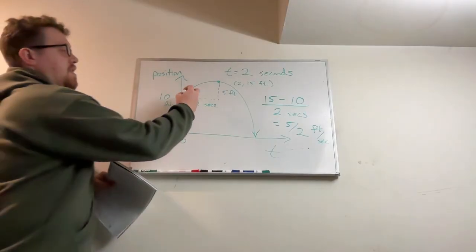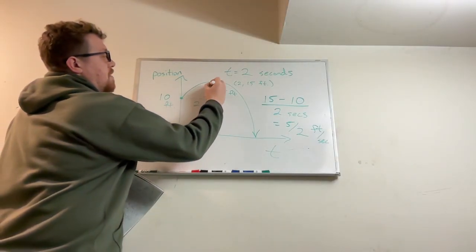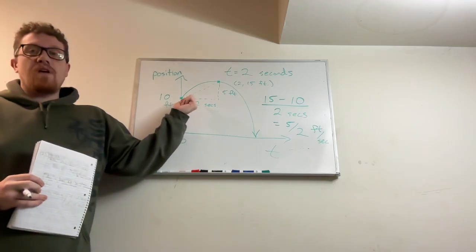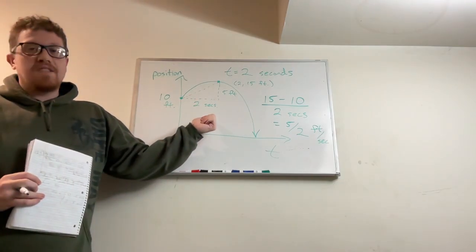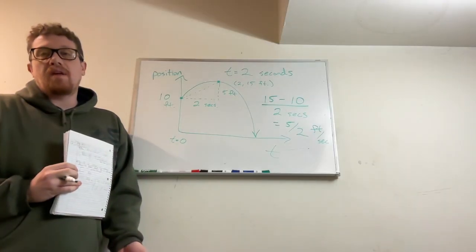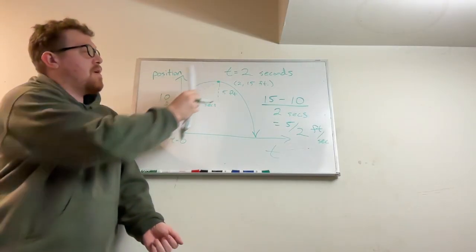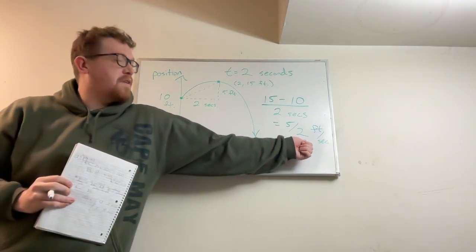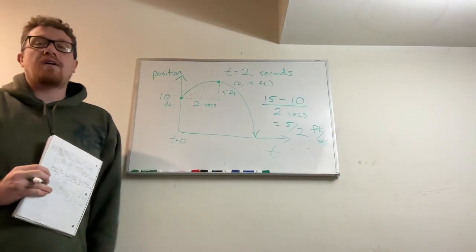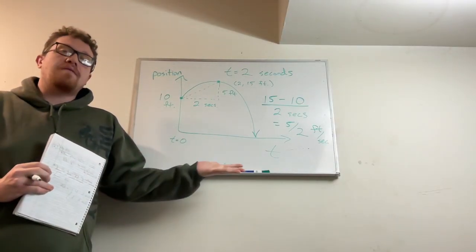And that's the slope of this line right here. So really what we're saying is, even though it wasn't traveling at constant speed, if it was traveling at constant speed, what would that speed be? And if it was traveling at 5/2 feet per second at a constant rate for 2 seconds, then it would travel the 5 feet. But of course it wasn't traveling at a constant rate.